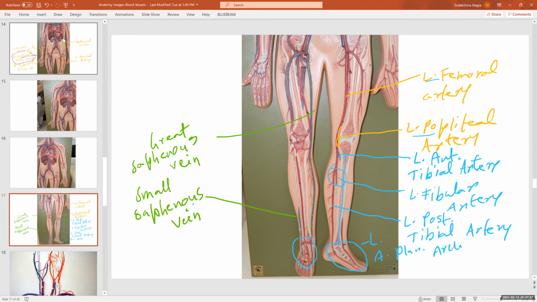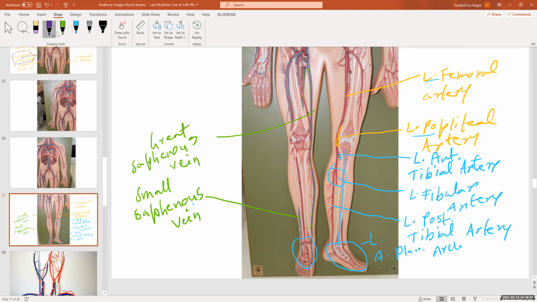And the other vein that you are seeing right here, I'll just change the color so that you have a different color for this. This one here.